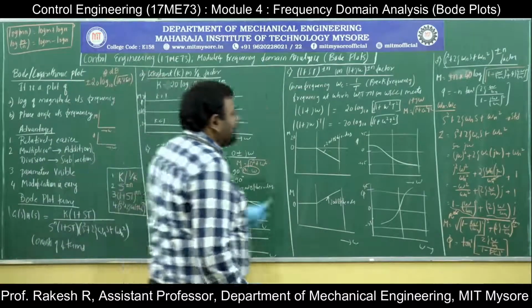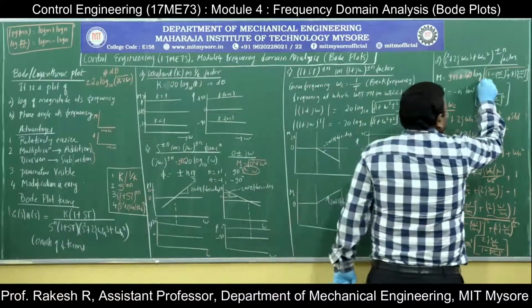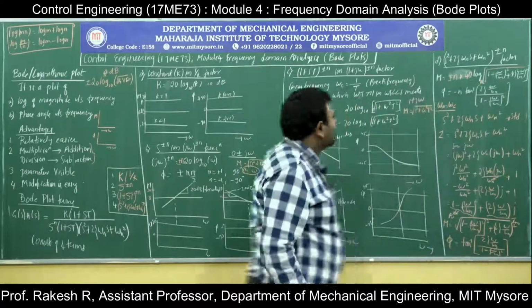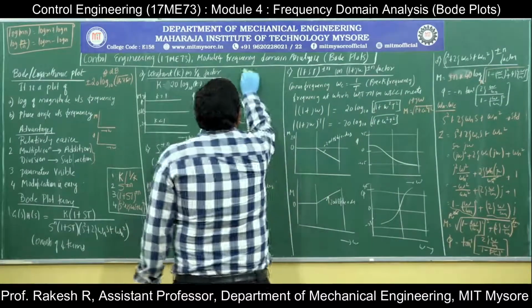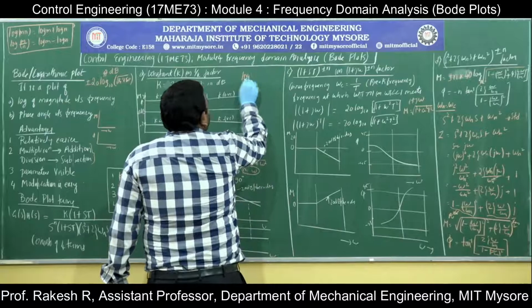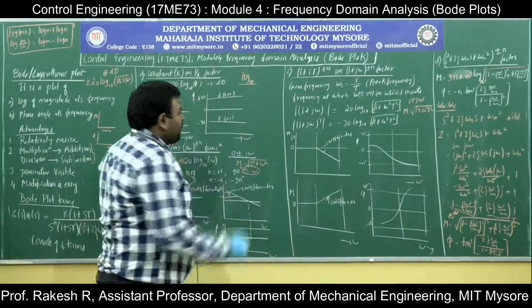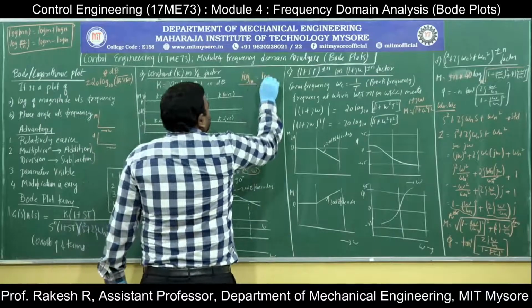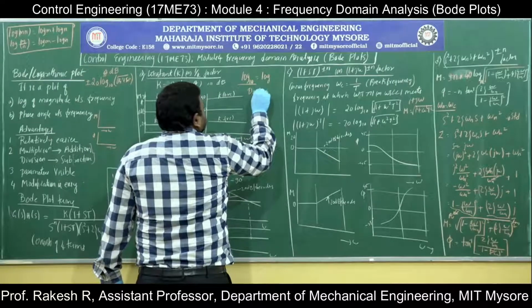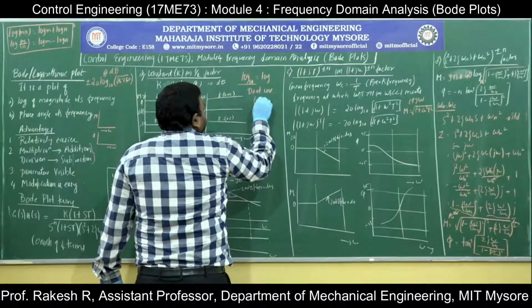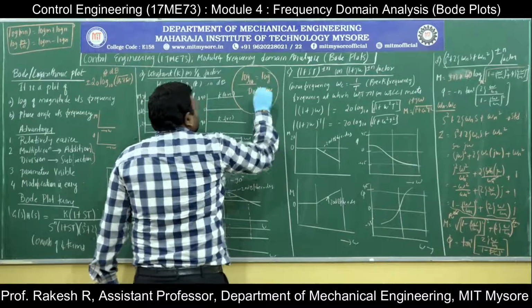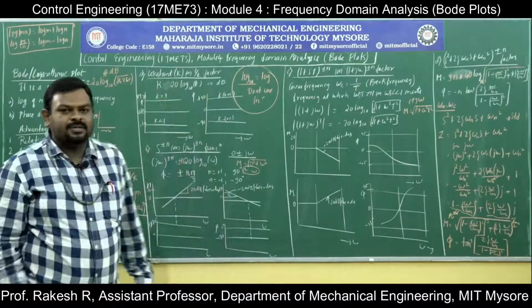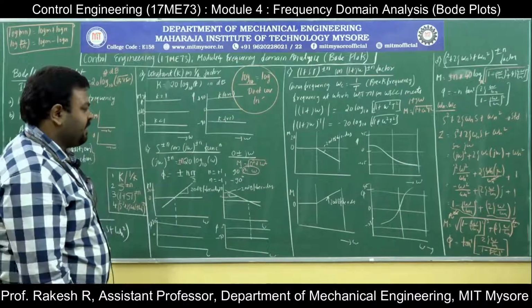These are all log 10. While solving in the calculator, you have to use log 10, or just log. Don't use ln. This is very important while solving in the calculator.